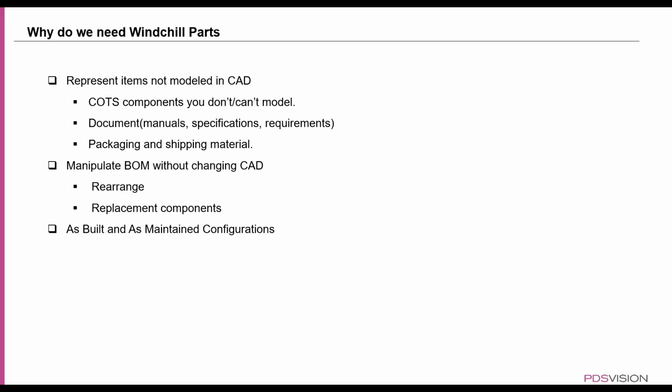So in my structure view, I can simply capture that information, replace it in the structure, and it reflects that new component in the structure. Then there is the bill of material that can be exported and shared with the supply chain. And then lastly, as we discussed, it also captures your as-built and as-maintained configuration of this product.